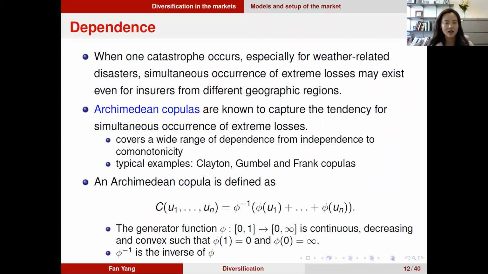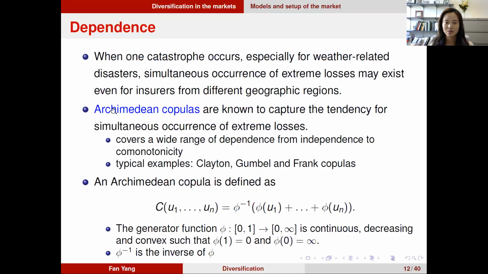And next is the dependence. Now, when we have different risks facing the market, in the past they always just assumed the IID assumption. But certainly dependence is a more reasonable assumption, because whenever a catastrophe occurs, especially weather-related disasters like a flood, a drought, or an earthquake, it will affect multiple areas, not just a single company. So it's really reasonable to assume dependence among the risks.